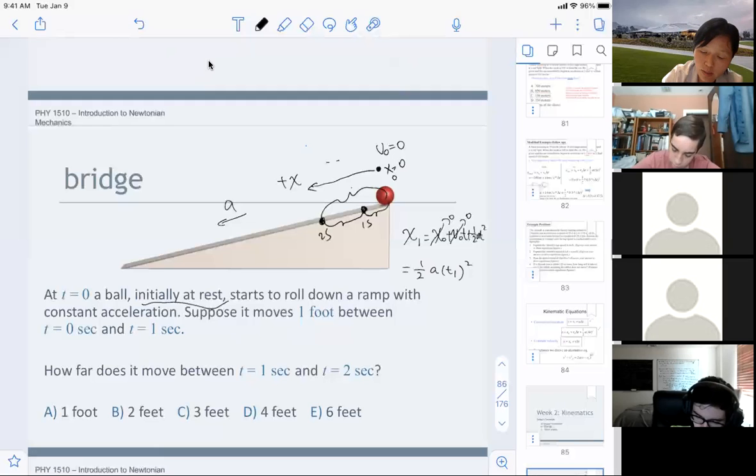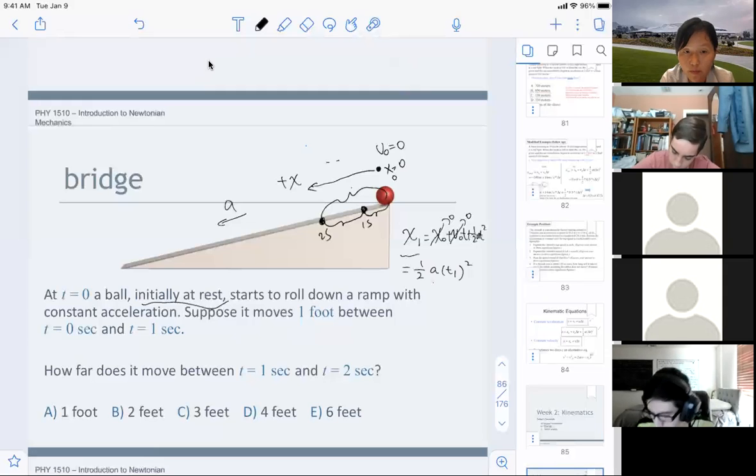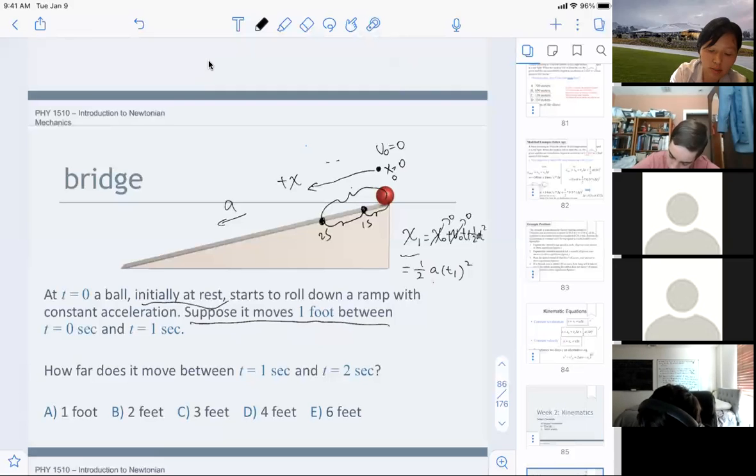So I wanted to see, okay, in order to find this position, I need to know what acceleration is. Before we study the forces, we don't know how to calculate the acceleration, but the problem does give us some more information. It does travel 1 foot between 0 seconds and 1 second, right?